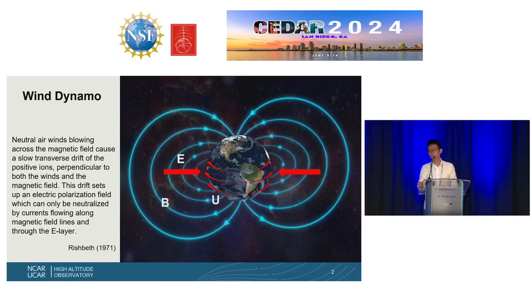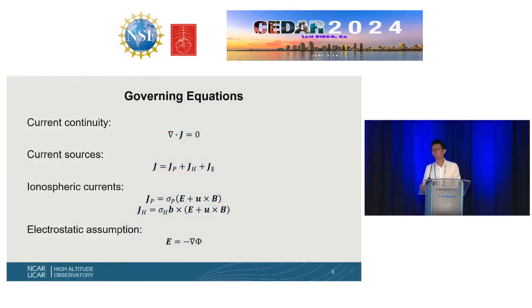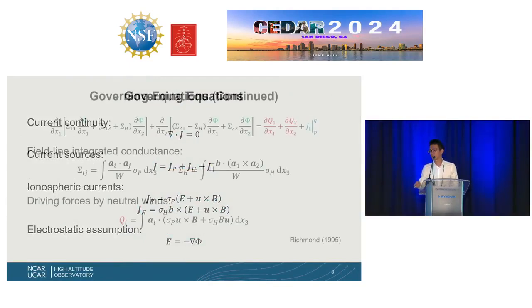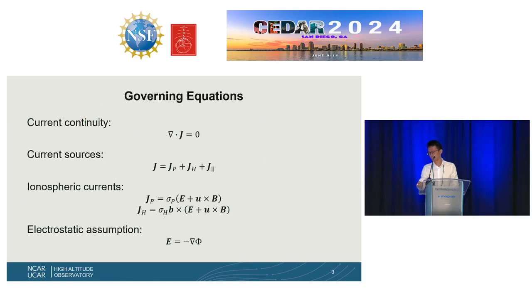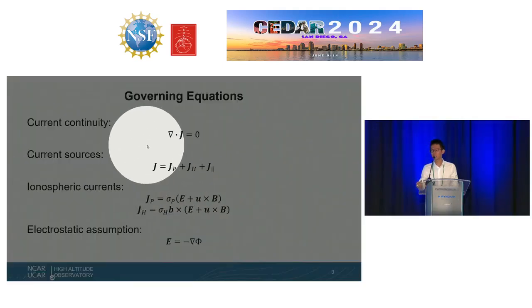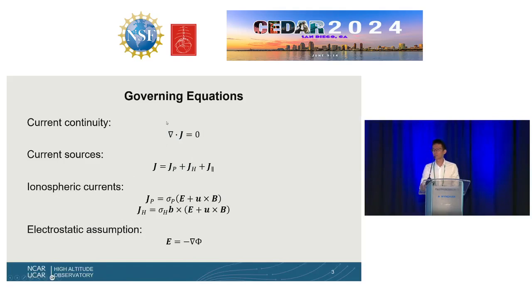So if we write down the governing equations, we have current continuity, the first equation, as I showed here. In this work, we are counting the Pedersen current, Hall current, and field-aligned current.